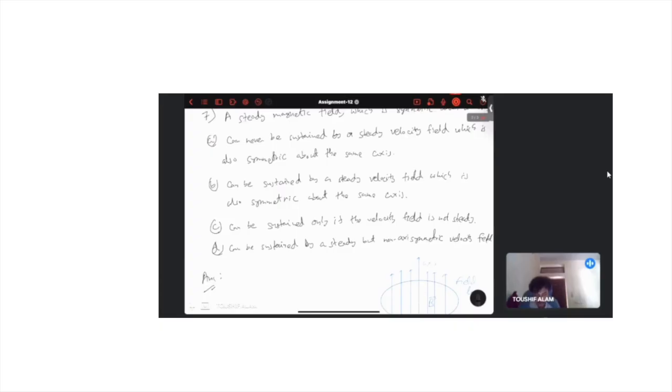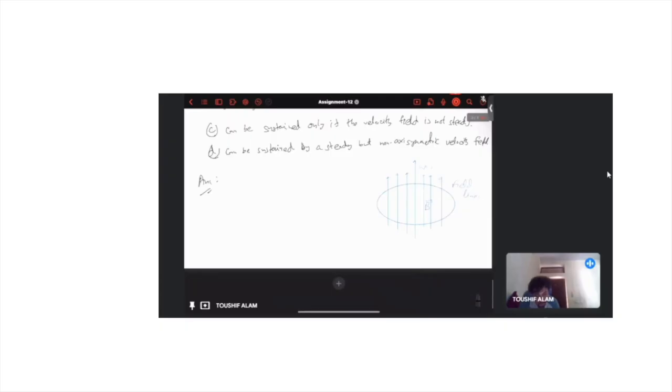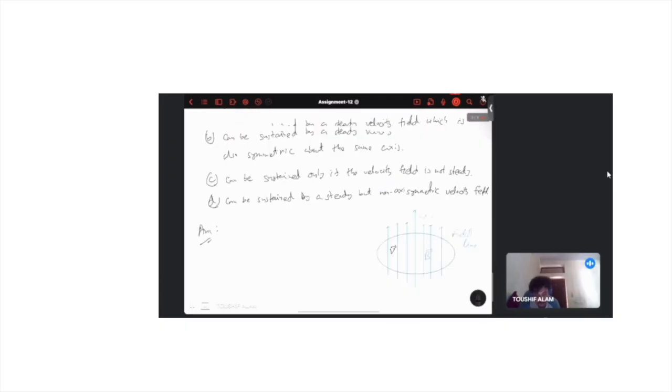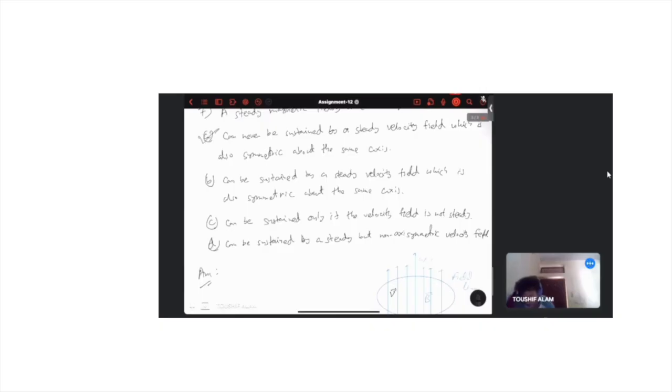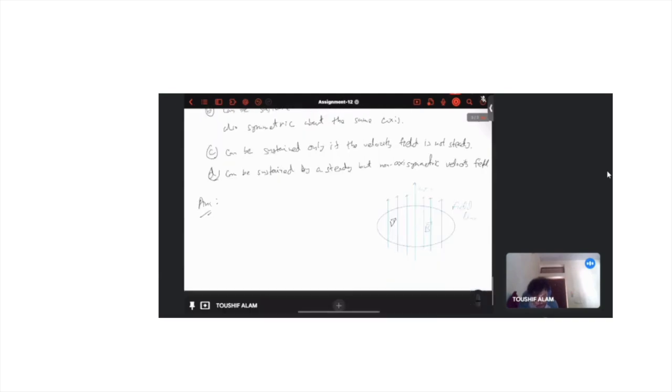It can never be sustained by a steady velocity field which is also symmetric. If the velocity field is also along the same direction, it cannot be sustained. Okay, because of the V cross B, the V should be perpendicular, not parallel. Sorry, wrong choice of word. V should be perpendicular, not parallel.